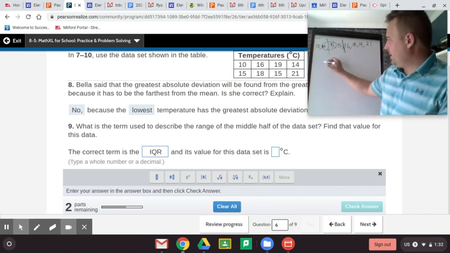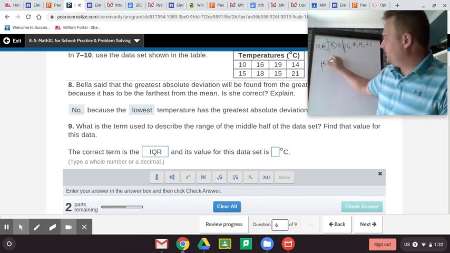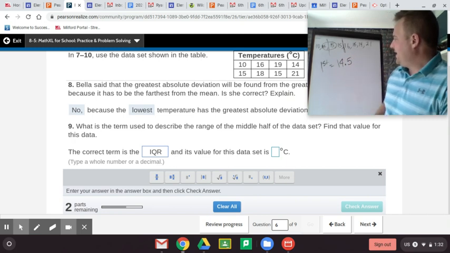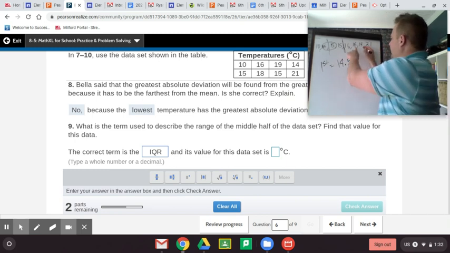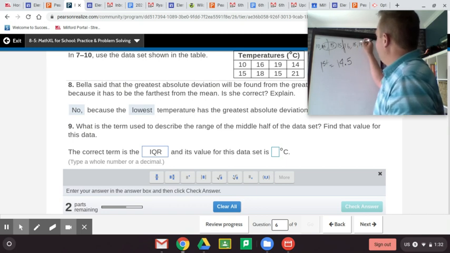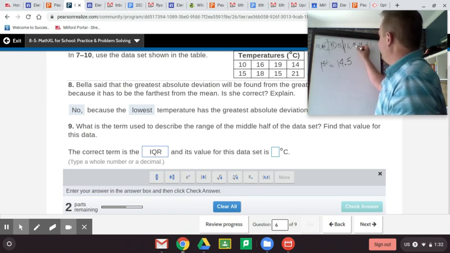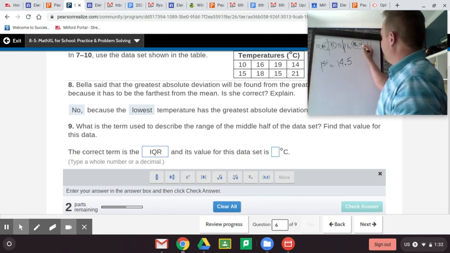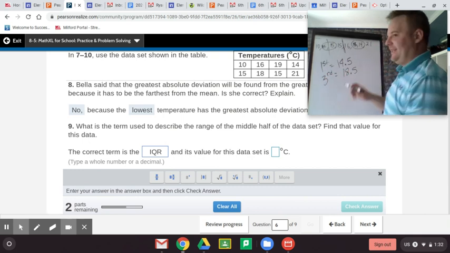So the first quartile is 14.5. Then we go here, 18 to 19. You come between these two, add them up, divide by 2, and you get the third quartile is equal to 18.5.